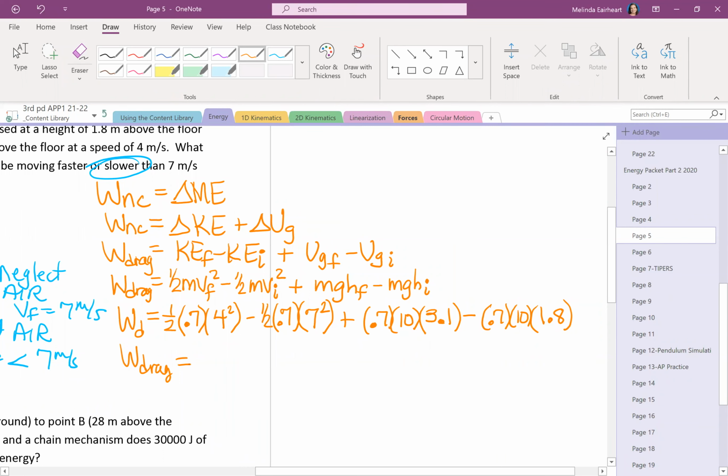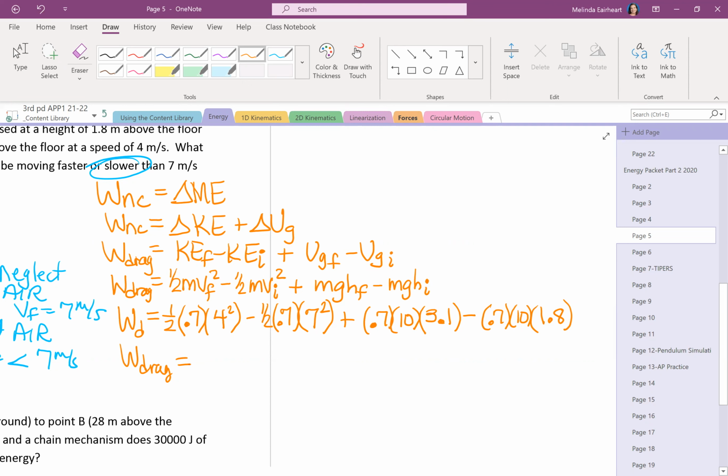So chances are, if you try and put this all in one calculator step, you'll miss a parentheses, you'll finger slip at some point. So me personally, I would either do 4 calculations or at least do the kinetics together, do the potentials together, okay?